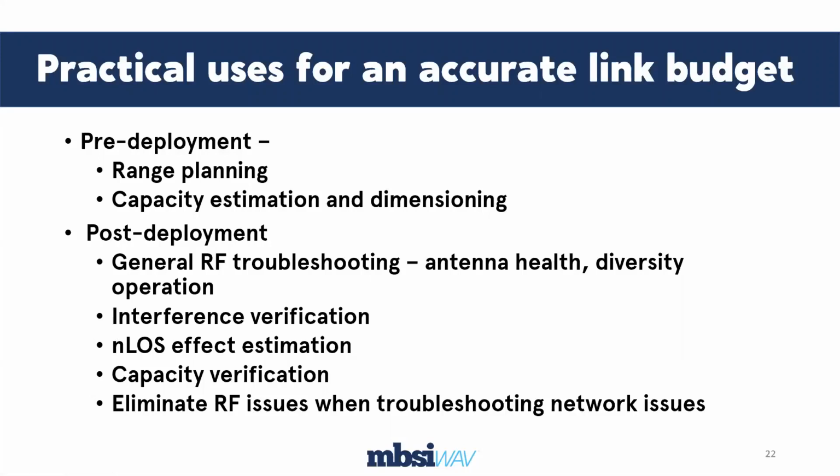Let's suppose I plan a network and I know that I can go 12 kilometers with this network. The installer goes out to install a CPE at, say, 6 kilometers, or 4 kilometers, and I'm getting 6 or 8 or 10 or 20 dB less than what I would expect from the link budget. The link budget tells me what I should get there.